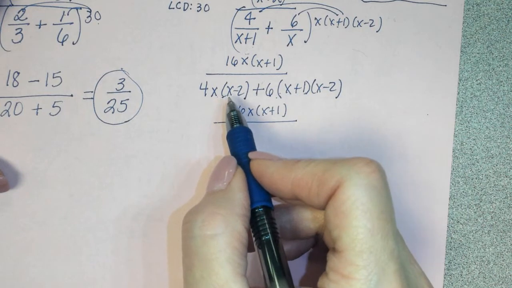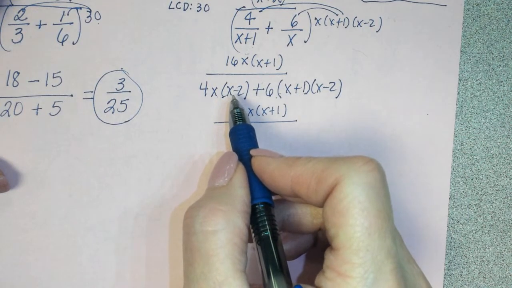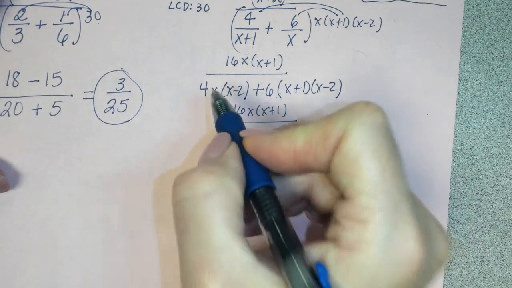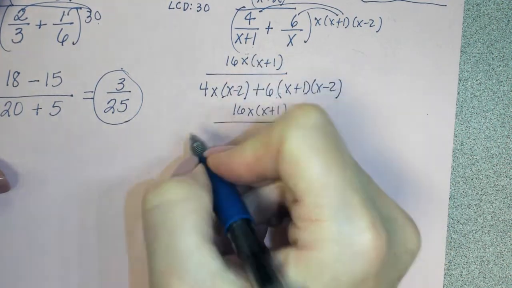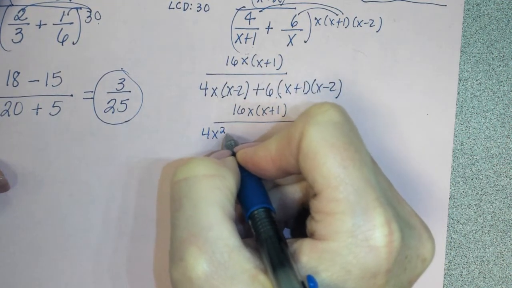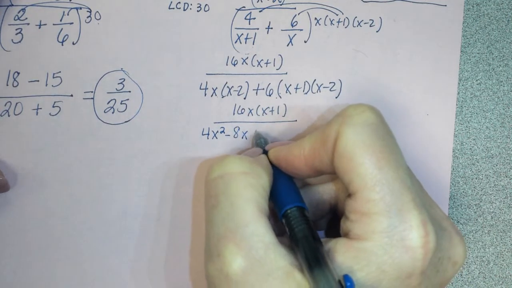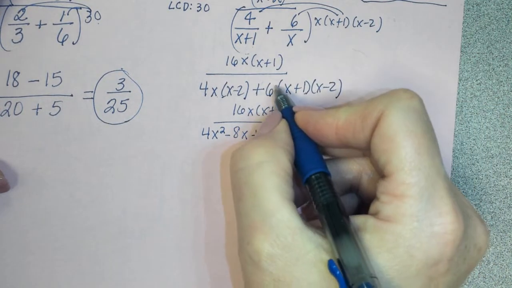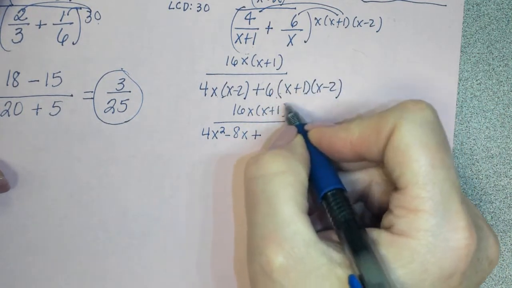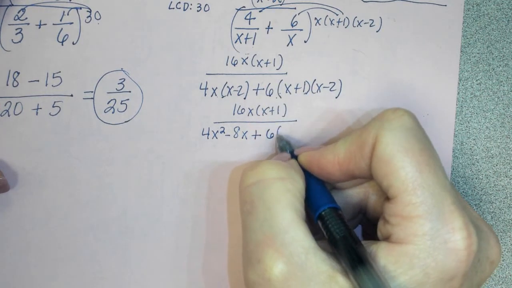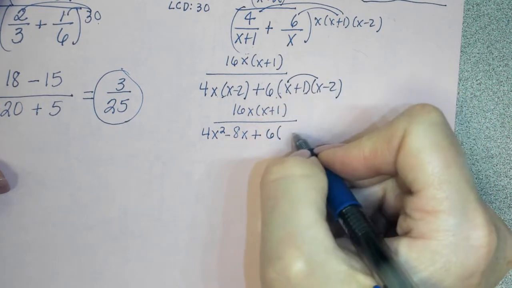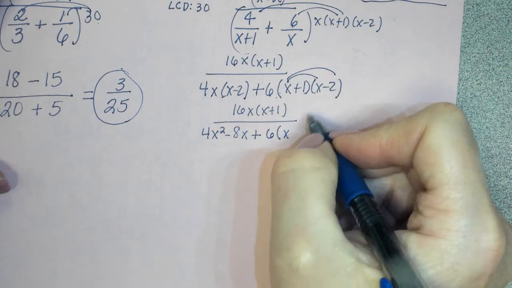What am I going to have to do before I can add them? Multiply them, right? So when I multiply this, I'm going to get 4x squared minus 8x plus, and I can go ahead and multiply these two. Actually, I like to do just 6 times. I'm going to go ahead and multiply these. x squared.